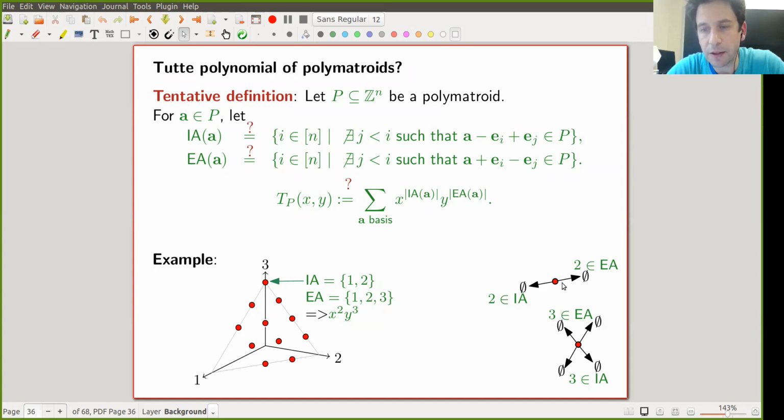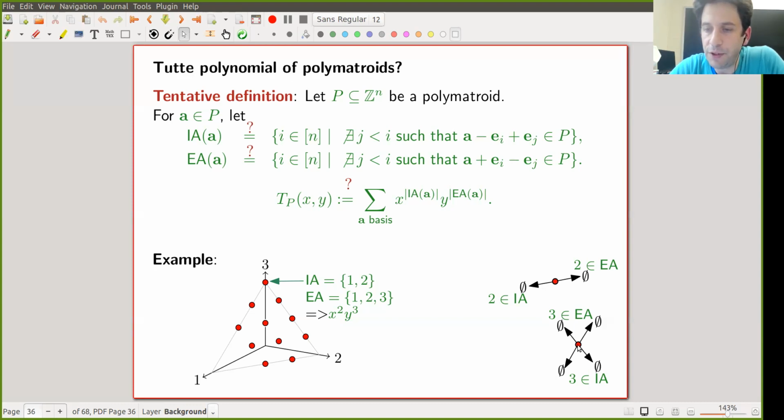So I'm internally active if, looking at this place, I'm not in the polymatroid. So if this direction is outside of the polymatroid, then that means 2 is internally active.